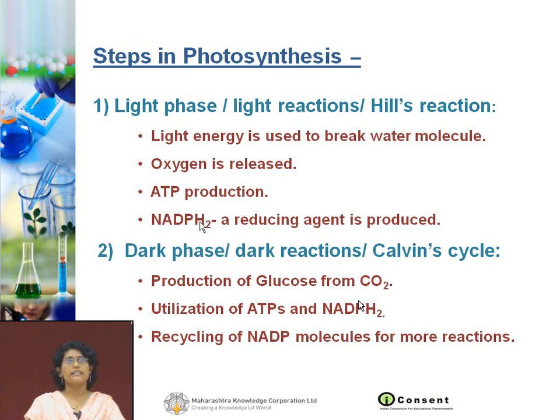It will donate its two hydrogen atoms to another molecule, so what remains behind is NADP. This molecule is made available again for the light reactions. The NADP molecule will again go to the light reactions and get reduced to NADPH2, again behaving as a reducing agent. During dark reactions, it will again donate its hydrogen atoms to other molecules and become NADP.